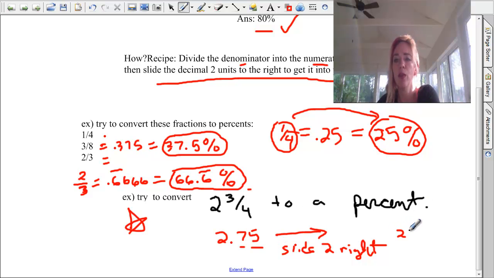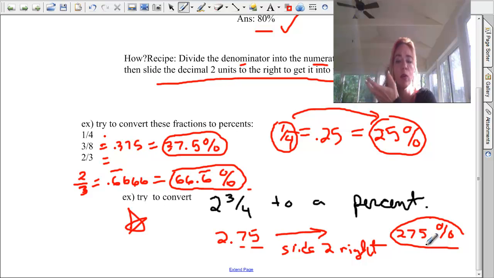So 275%. And that makes sense, because if I tell you I want 275% of your paycheck, that means I want more money than you currently have, almost triple your paycheck. So 2.75 times whatever your paycheck amount is.